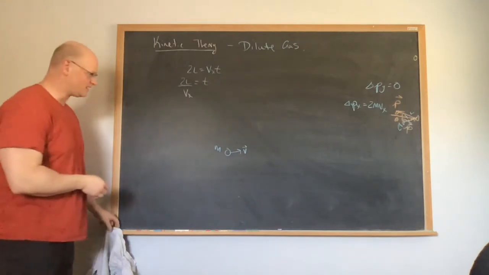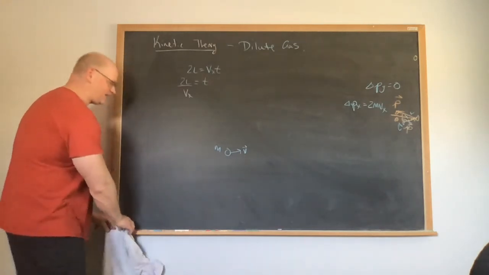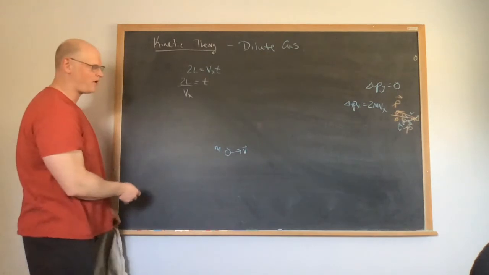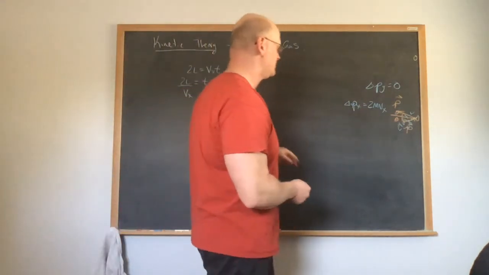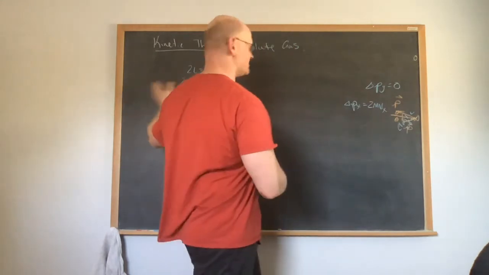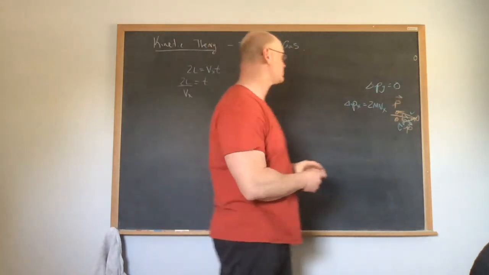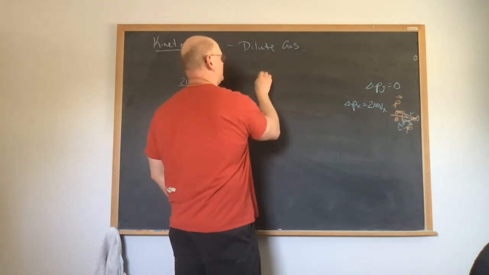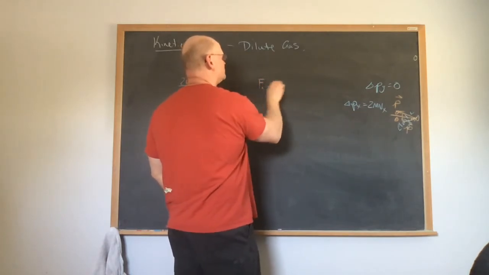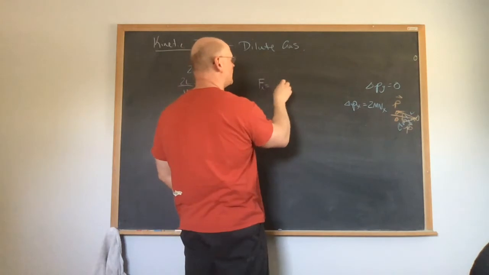Now, from here, we can then find the force on this particle as it makes a collision with this wall. Right? So first it makes a collision, comes back, hits over here, comes back over here, makes another collision, which means that the force then, at least in the x direction, is then equal to what?